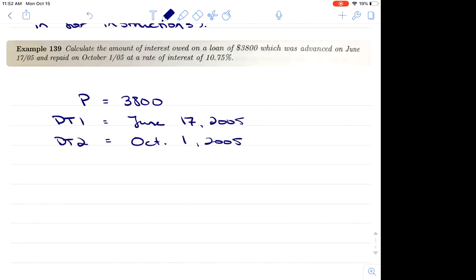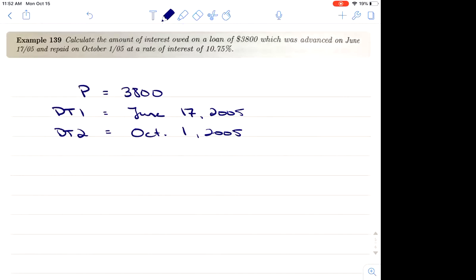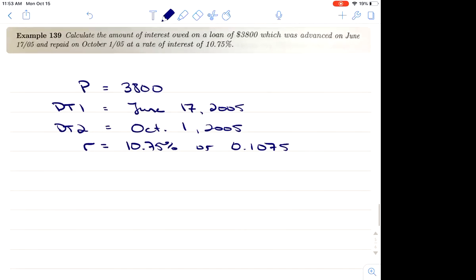And then we're given that the rate, at a rate of interest of 10.75%, or 0.1075. If it doesn't specify per year, then you can assume that it's per year, right? I'll only have to specify it if it's not per year. Okay. All right, so what do we want to find here?